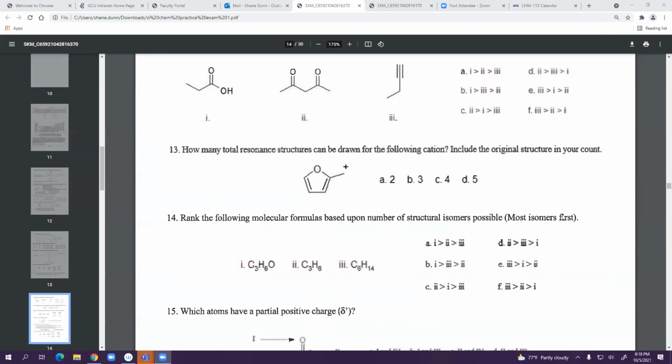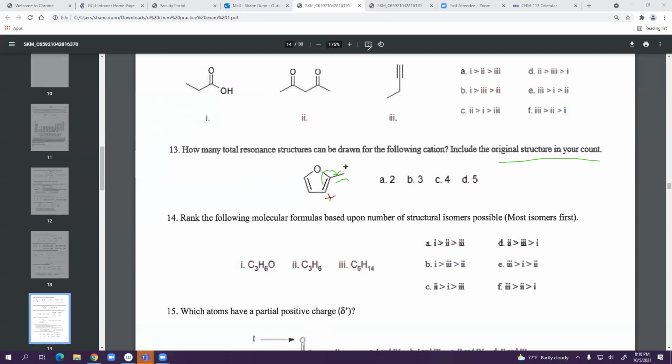Okay. How many total resonance structures can be drawn from the following cation, including the original structure? Make sure you include the original structure. It's always important. Okay. Bond goes there, right? Which would make a double bond here. Where does the positive go then?